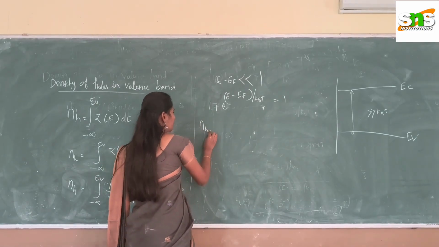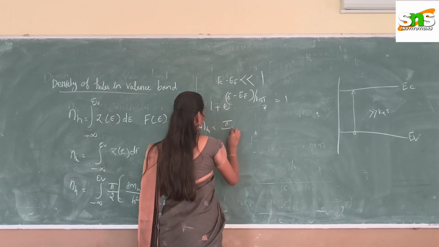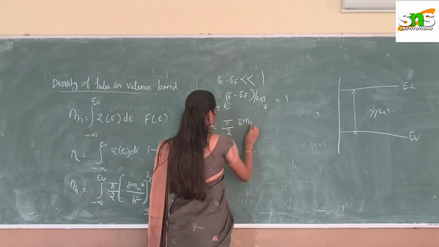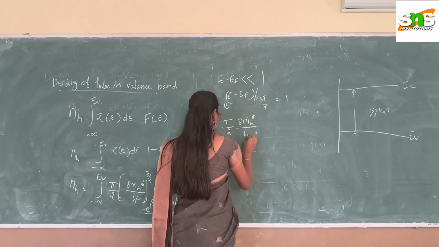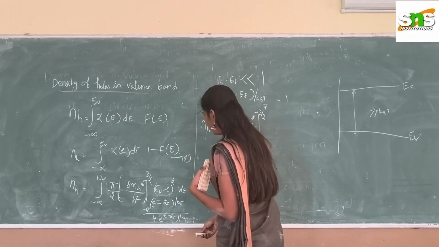So n_h is equal to, what's the value? n_h is equal to 5/2 into (8π m_h star divided by h squared) the whole power of 3/2 into, what is the remaining term?